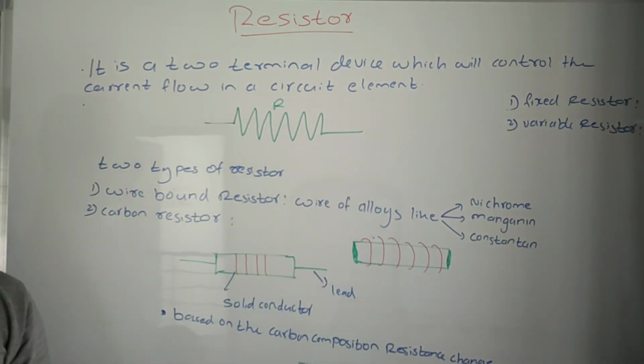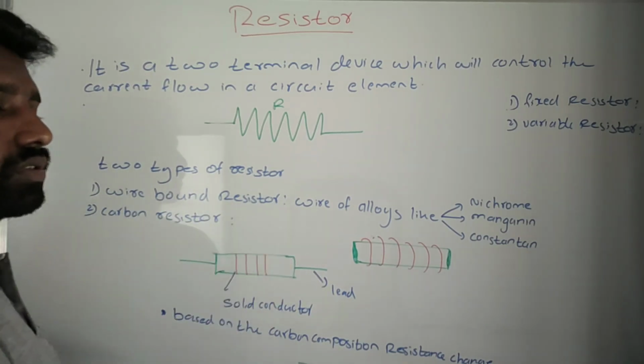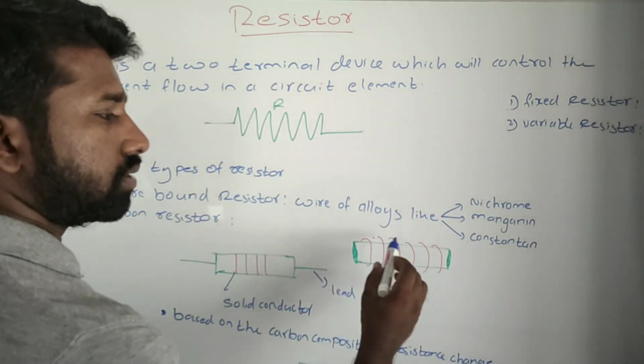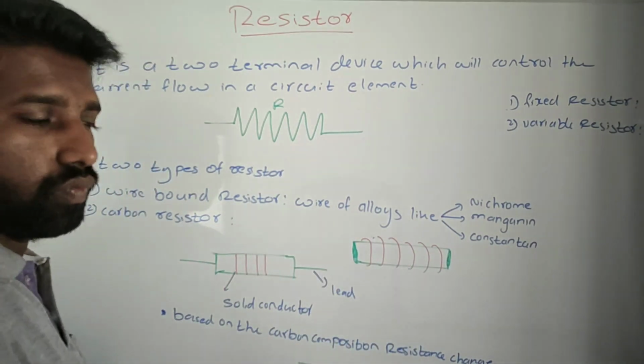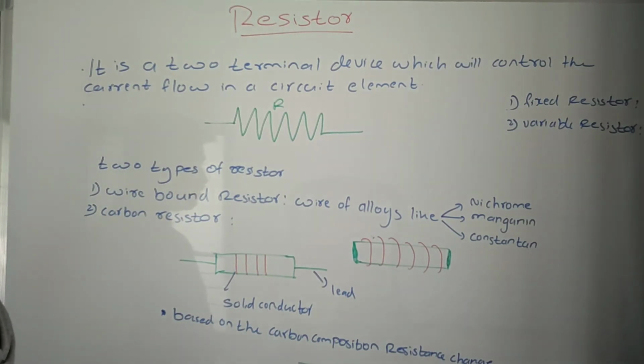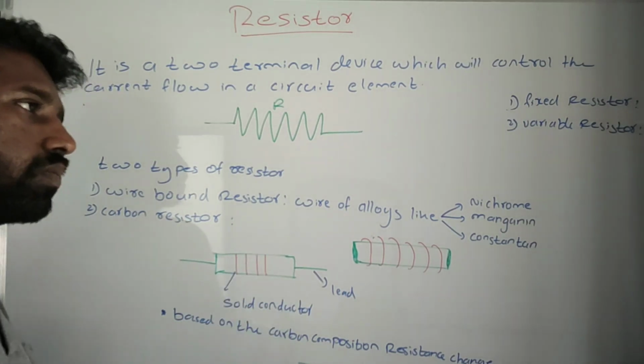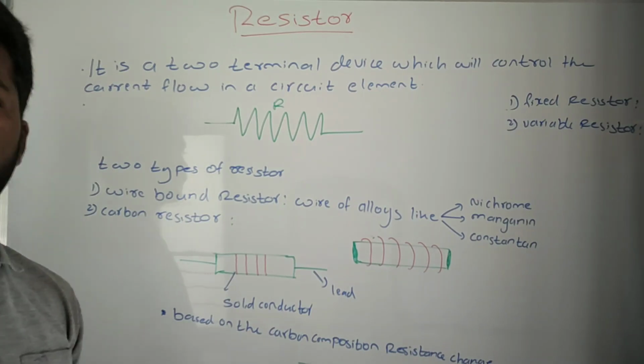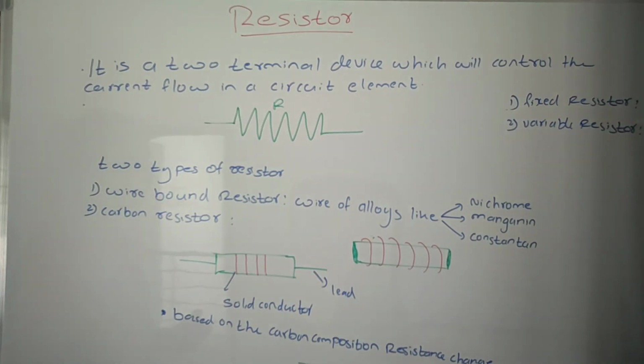In the variable resistor, the resistance value can be varied. In the wire bound resistor, the resistance value may vary. In carbon resistors also, variable resistors are available, but the most common carbon resistors are fixed resistors. Clear? That's all about the resistor.